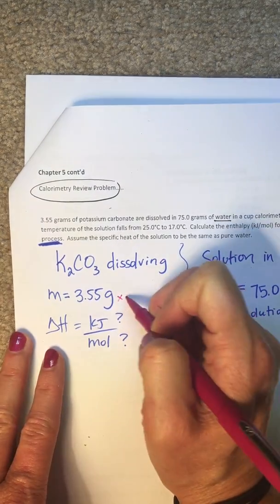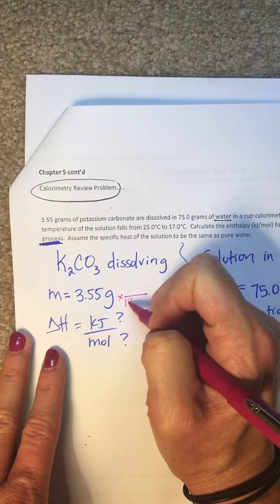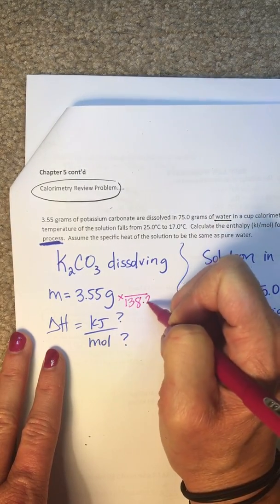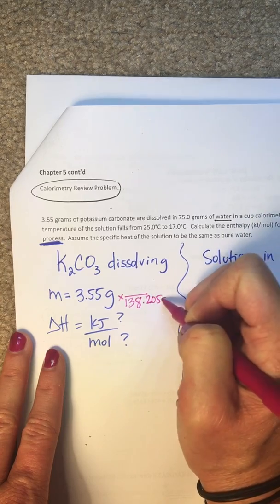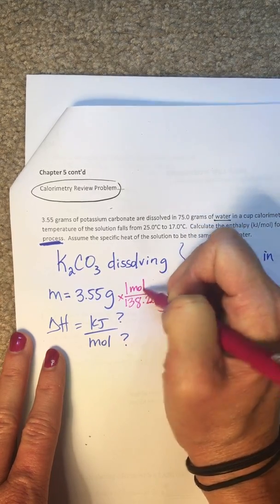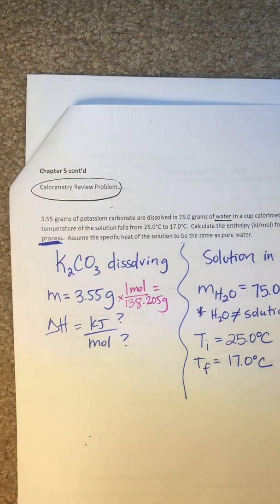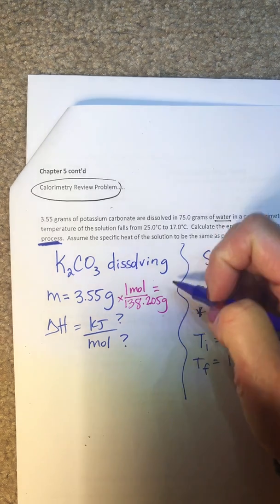So adding up our molar mass from the periodic table, it's about 138.205 grams per 1 mole. So that'll give you your moles of potassium carbonate. Okay, so let's go ahead and do that. Okay, so that's giving us about, assuming I did it right, and anytime I make an error, make sure you guys call me on it.